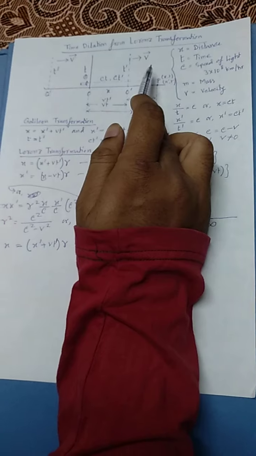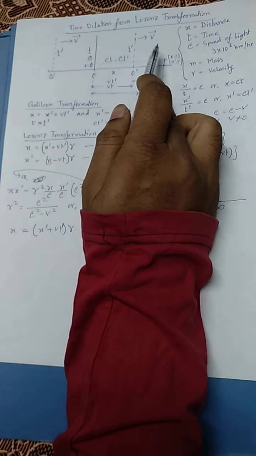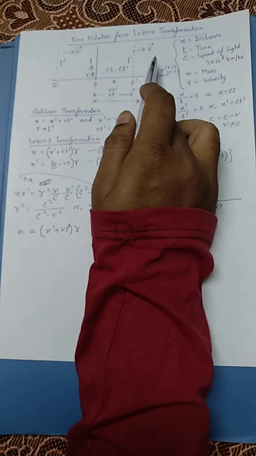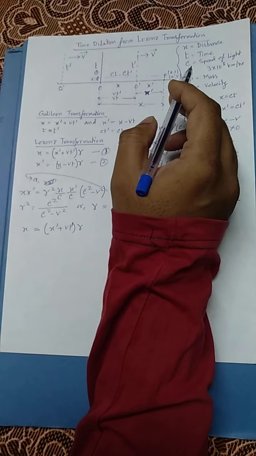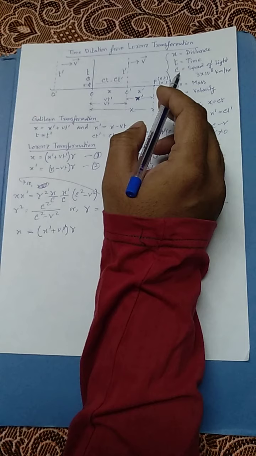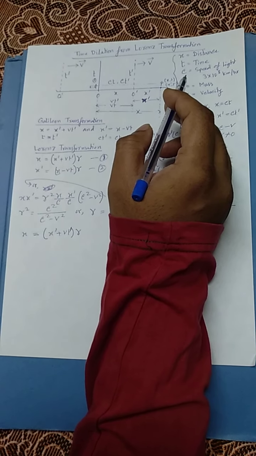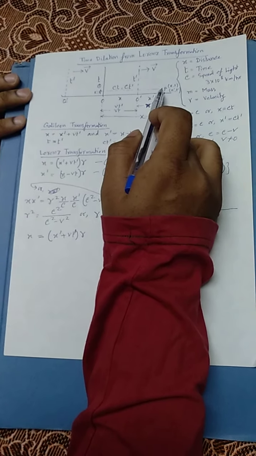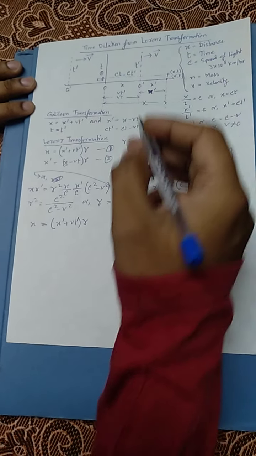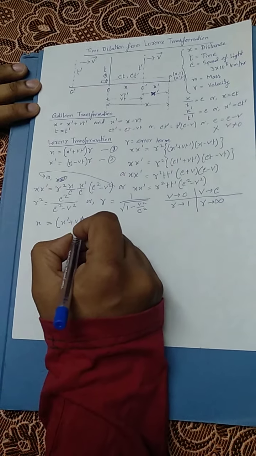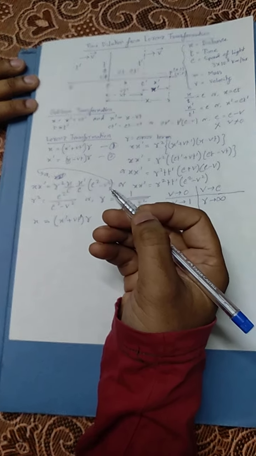Because if we stand inside a train, I feel myself as static. But the person sitting on the platform will see me moving with a velocity v, that is the velocity of the train. Similarly, the person belonging to the movable reference frame will feel himself as 0. So vt is going to be 0 in his frame of reference.